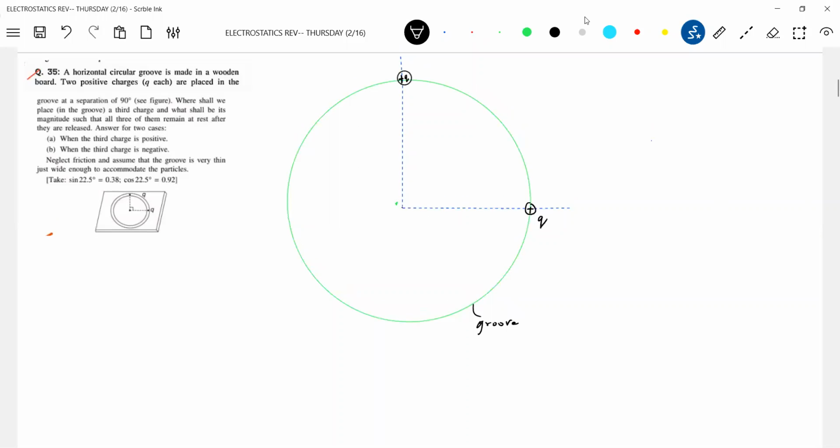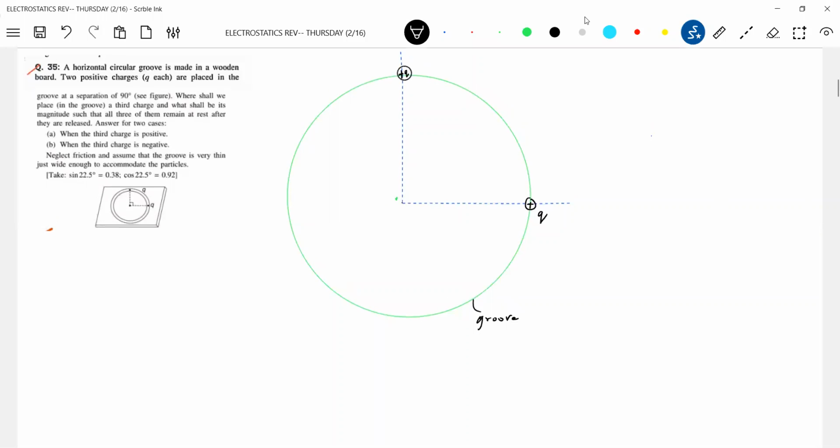So what is the basic necessary condition for that? Let me keep the third charge here, in this position, some arbitrary position I picked.